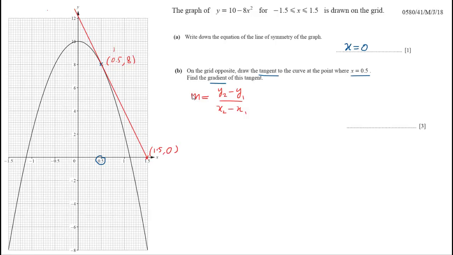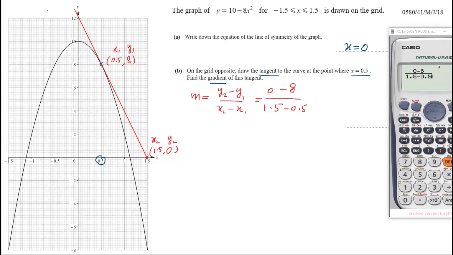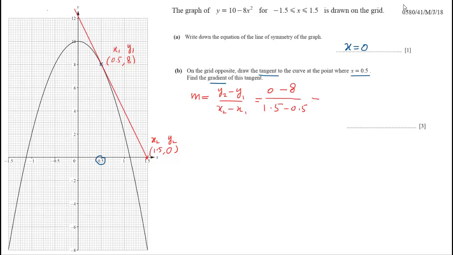So let me call them x1, y1, and x2, y2, and plug these values in. So y2 is 0, y1 is 8, over x2 is 1.5 minus 0.5. Now using the calculator, the answer is -8. Am I right? Yeah, -8. So the gradient is -8.